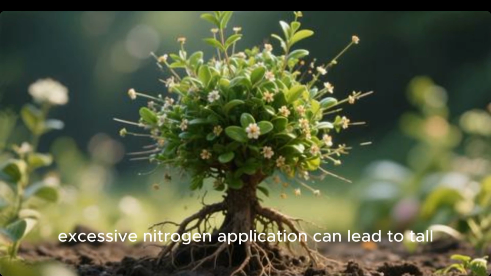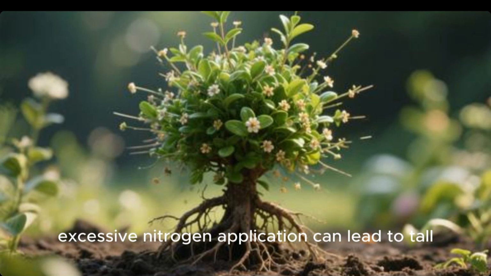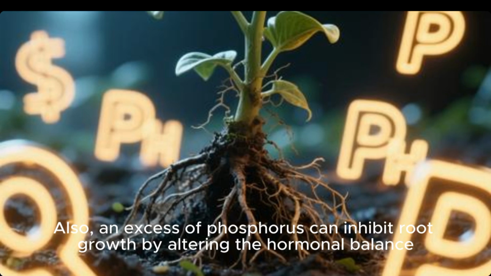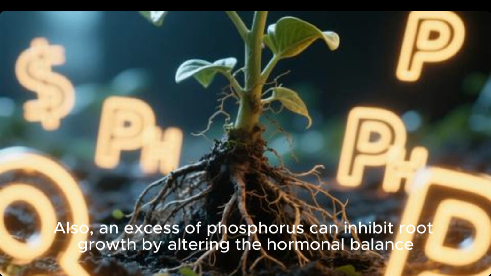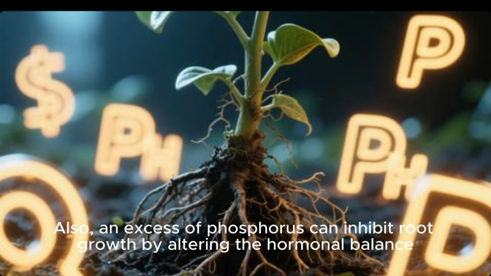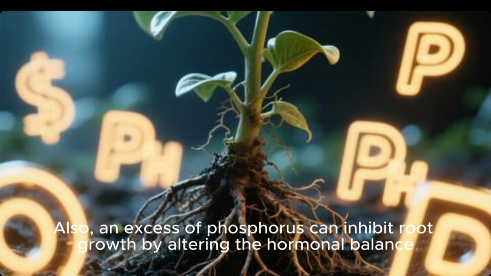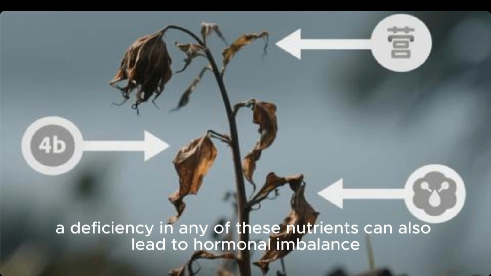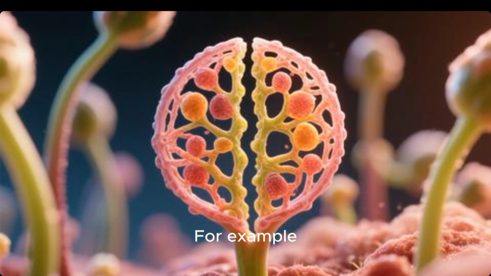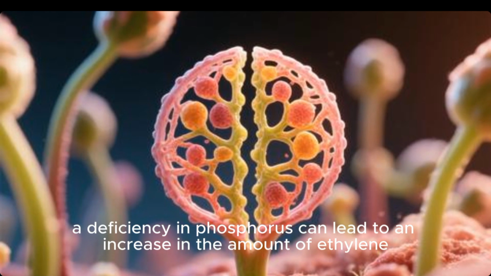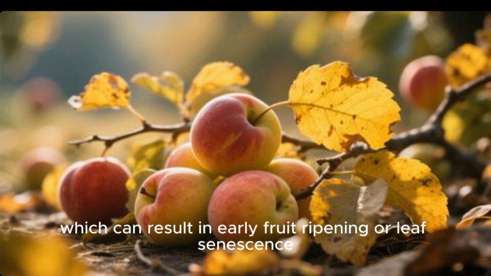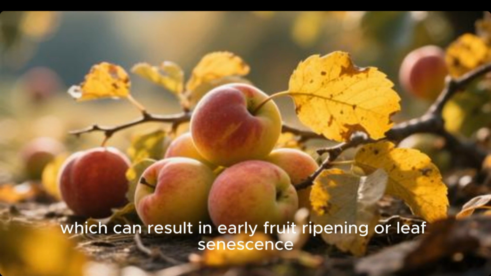For example, excessive nitrogen application can lead to tall, weak stems with small or no fruits. Also, an excess of phosphorus can inhibit root growth by altering the hormonal balance. Similarly, a deficiency in any of these nutrients can also lead to hormonal imbalance. For example, a deficiency in phosphorus can lead to an increase in the amount of ethylene, which can result in early fruit ripening or leaf senescence.